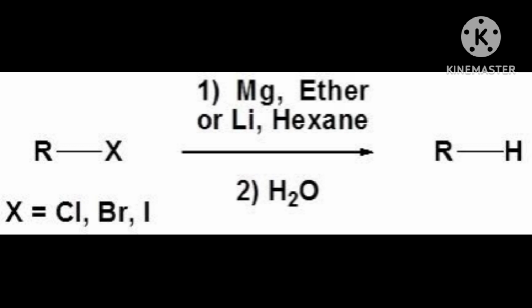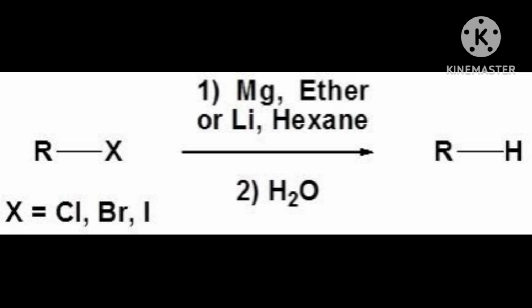And a tertiary halide follows SN1 or elimination. This is an important point. A tertiary halide follows SN1 or elimination depending upon the stability of the carbocation or the more substituted alkene.